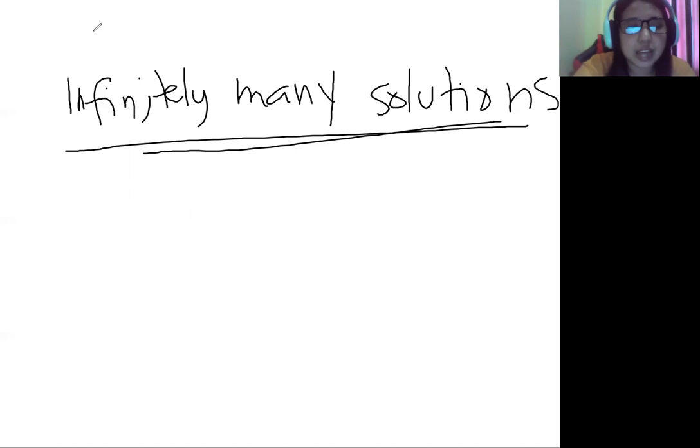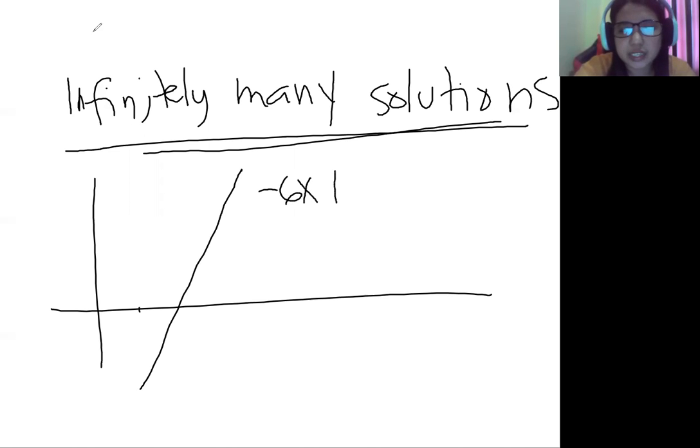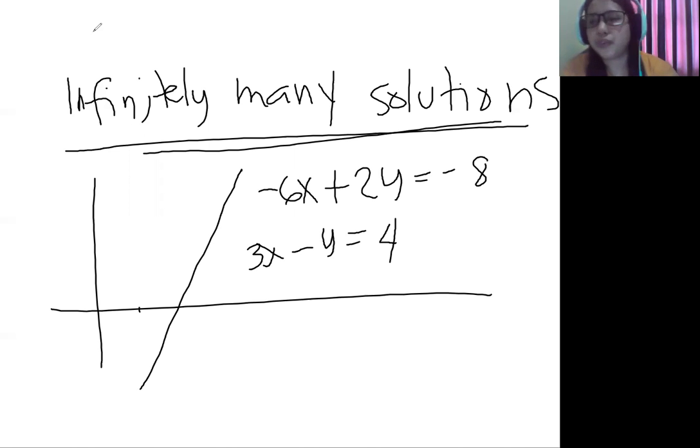An example for this: the equation negative 6x plus 2y is equal to negative 8, and the equation 3x minus y is equal to 4. If you compute for this, you can get the same answer.